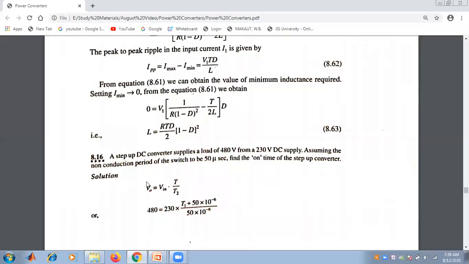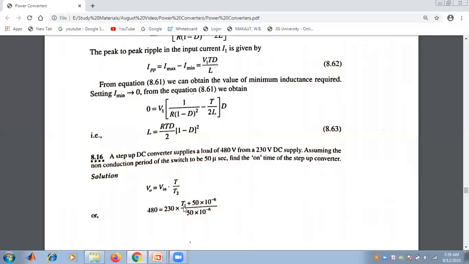So we know for the step-up converter, the output voltage, V suffix O, is equal to the input voltage multiplied by T by T2. The output voltage is given to us, that is 480, the input voltage is 230. T is the summation of T1 plus T2, that is on time plus off time.